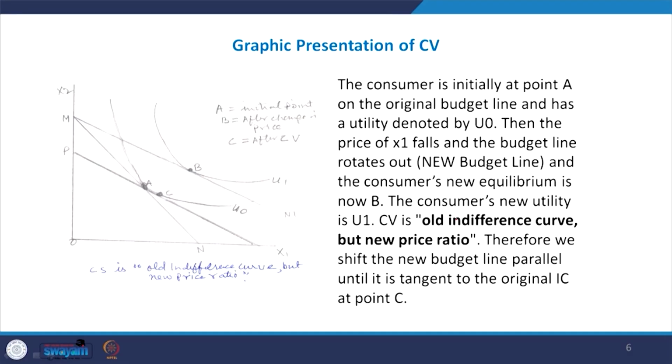So, movement from B to C is due to the compensated variation, where the budget is curtailed in such a manner that the consumer again reaches the same level of utility. So, the consumer is now neither worse off nor better off.